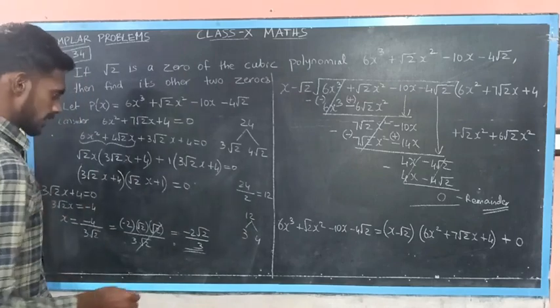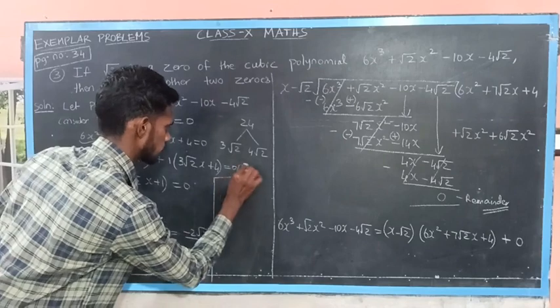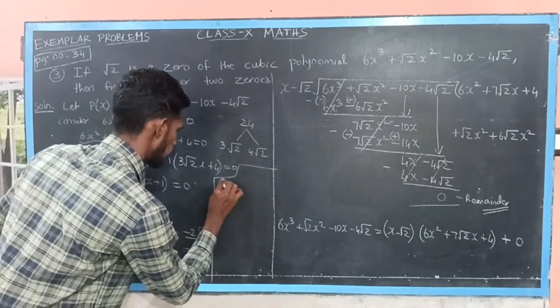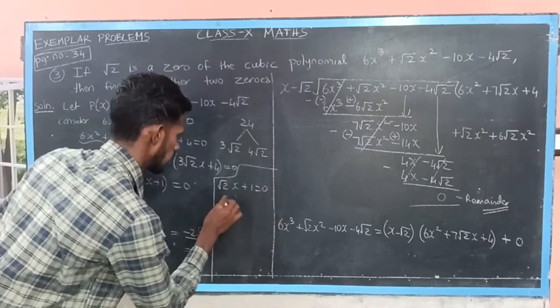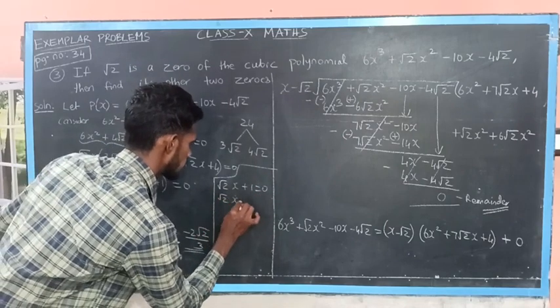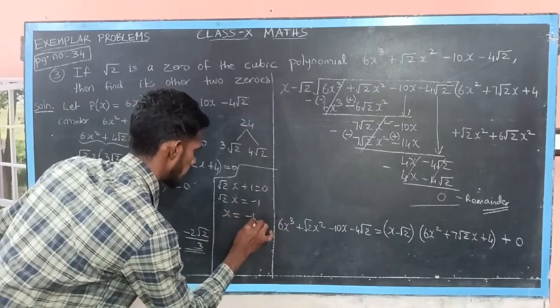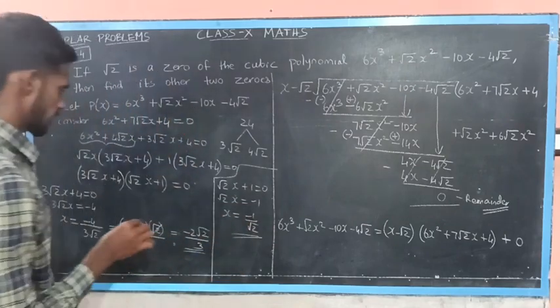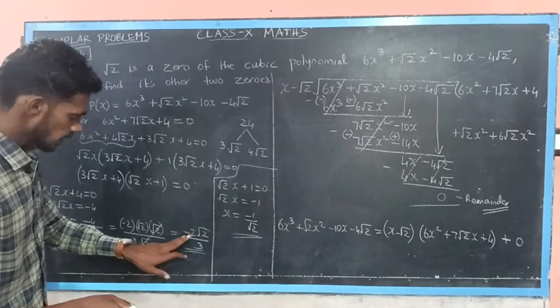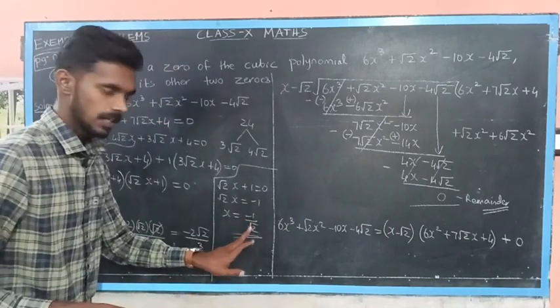Okay. Next let us consider the other factor, root 2 x plus 1 is equal to 0. So root 2 x is equal to minus 1. So x is equal to minus 1 by root 2. So this is the other zero. So one of the zeros is minus 2 root 2 by 3 and another zero is minus 1 by root 2.